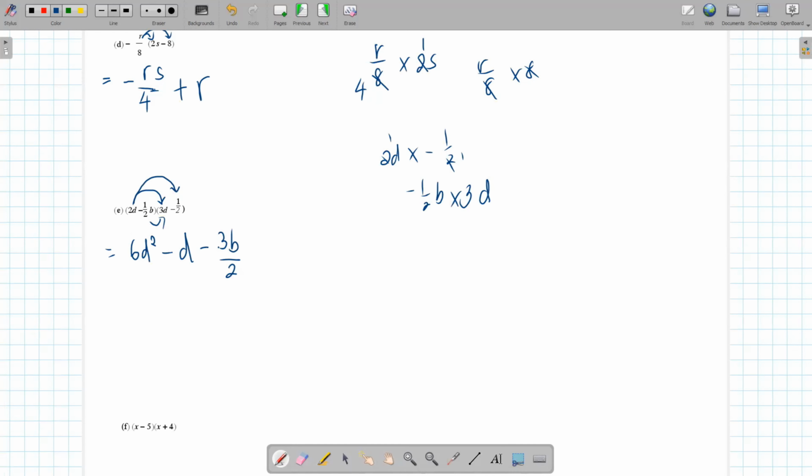Then we repeat the same thing. Negative times negative will get a positive. So negative 1 over 2b times negative 1 over 2: 1 times 1 still gets 1, 2 times 2 we get 4. So we get b over 4.